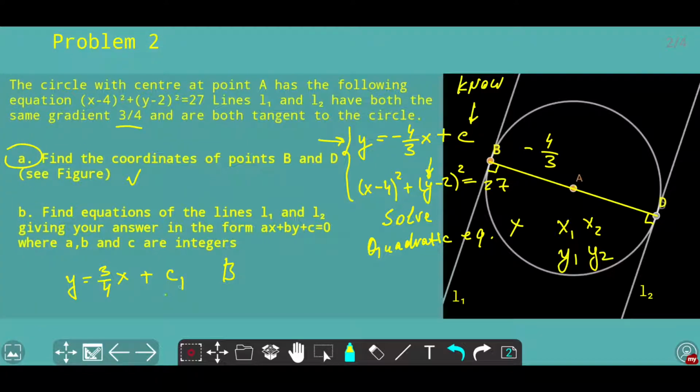In the same way we can do it for line L2, okay? We can determine the equation in gradient-intercept form with c2 by plugging in the coordinates of point D. Once we establish those equations in gradient-intercept form, I have no doubt that you'll be able to convert into general form. How? Because it's a fractional number.